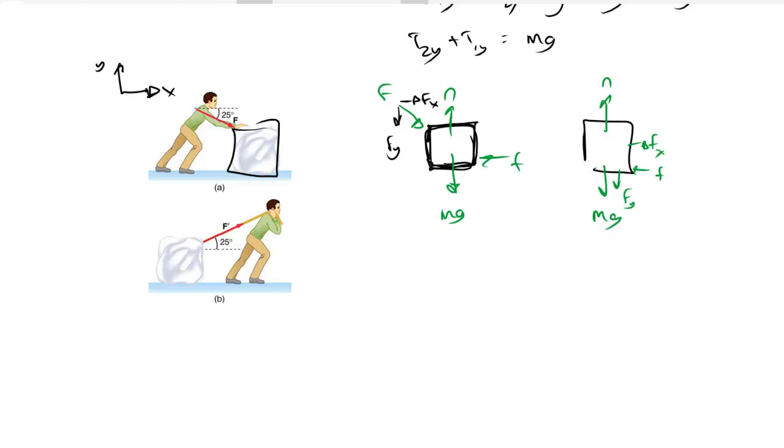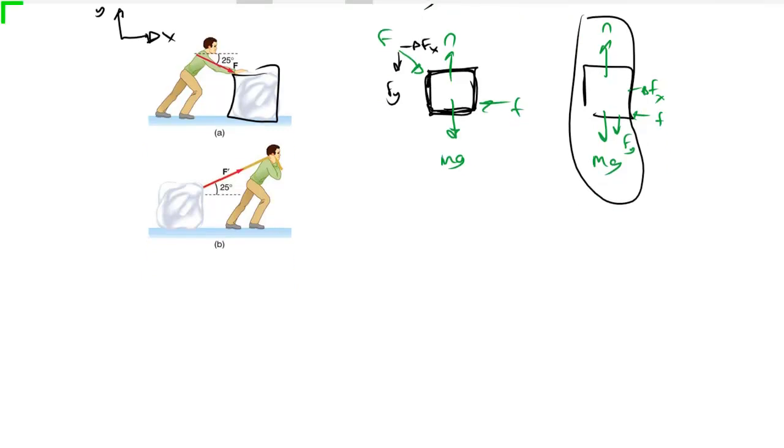So then I can just sum them up. If I sum the forces in the y direction, we have the normal force minus the weight minus Fy equals mass times acceleration in the y direction.